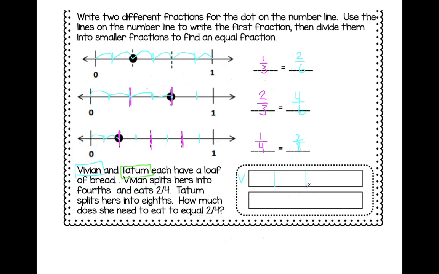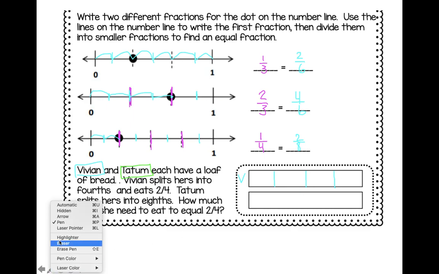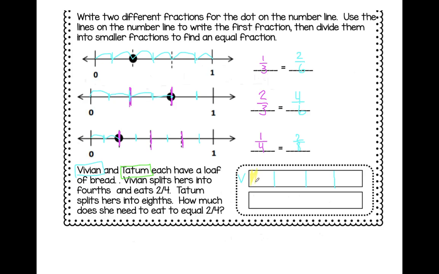And the beauty of you doing it at home is you can just erase or try again. Now I have 1, 2, 3, 4 equal parts, and I am going to highlight the part that she ate. So it says that she ate 2/4 of her bread. So I colored in 1/4 and 2/4.